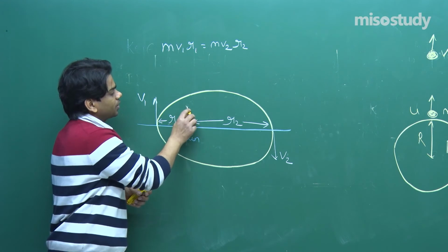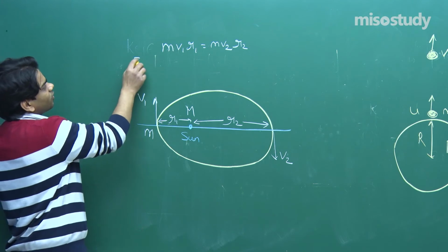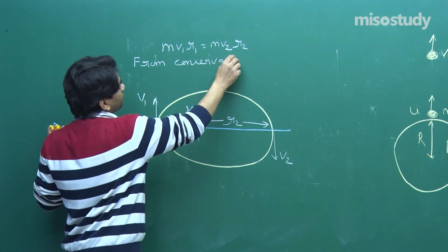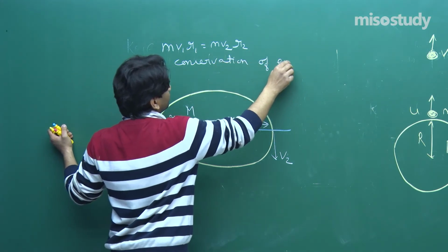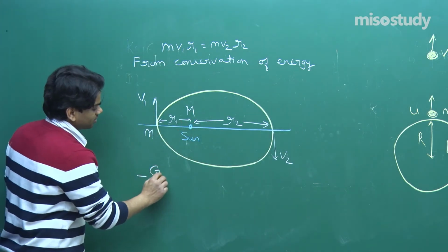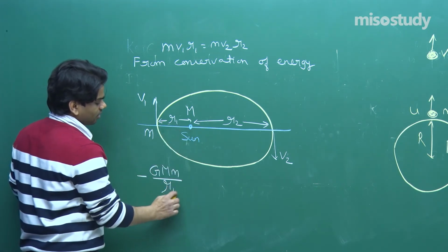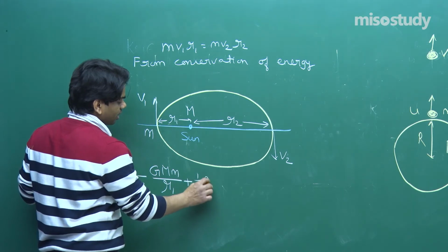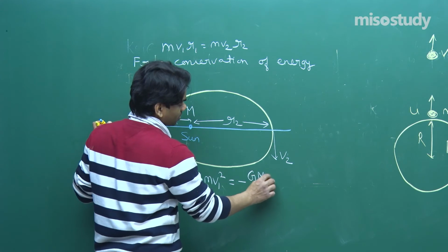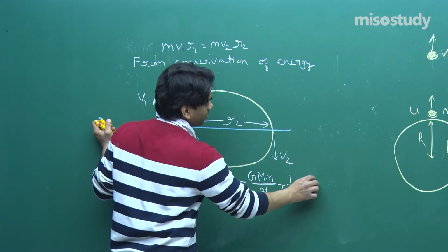If the mass of the sun is capital M, and the mass of this planet is small m, then from conservation of total energy, see what I am going to write down, minus GMm by this distance, that will be r1, plus half m v1 whole square is equal to minus GMm by r2 plus half m v2 whole square.